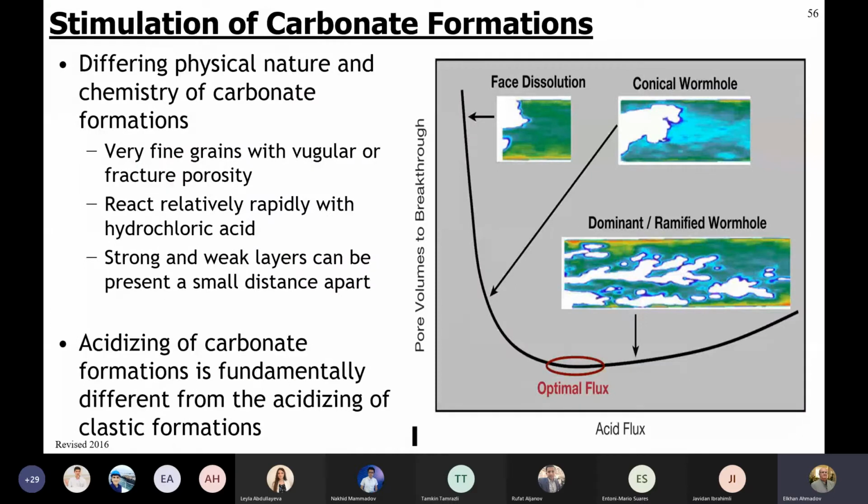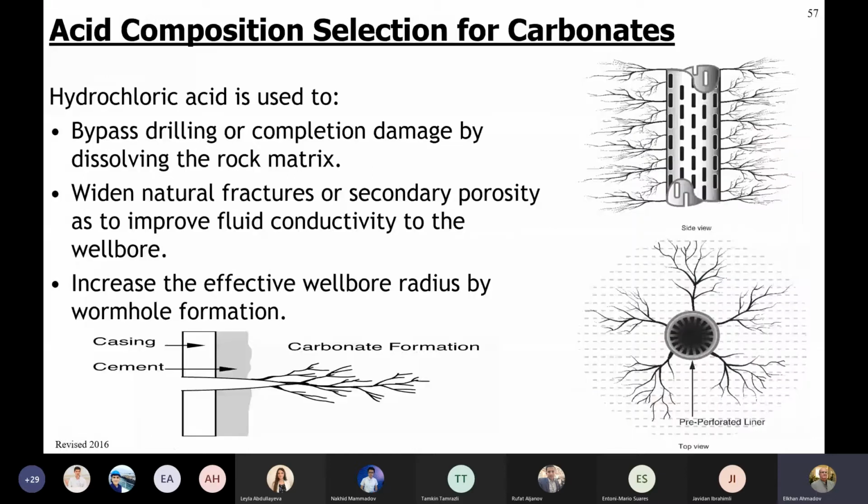In the carbonate formation, we've learned that the nature is different, and therefore acidizing in carbonate is mainly to bypass the damage and create wormholes around the wellbore, increasing the effective wellbore radius.